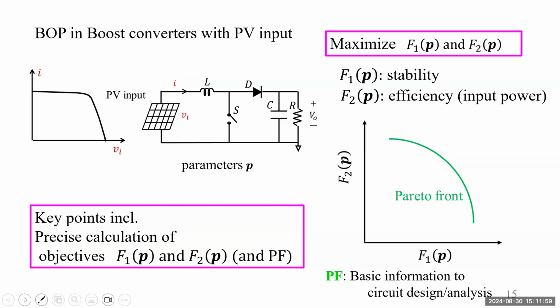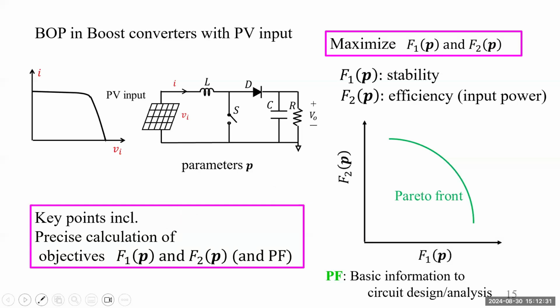However, there are bottlenecks: the precise calculation of the objectives, F1 and F2, is not easy. The input characteristic is given by complex nonlinearity, and the circuit includes a complicated nonlinear operation.